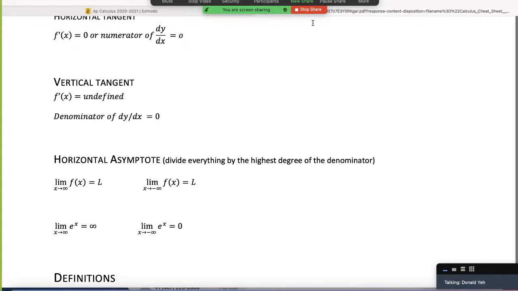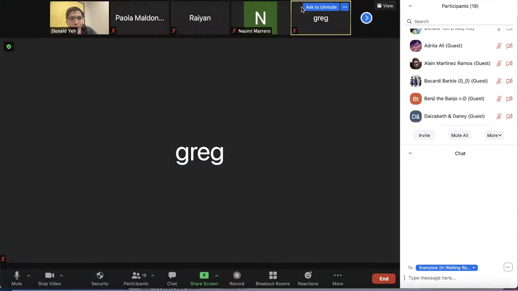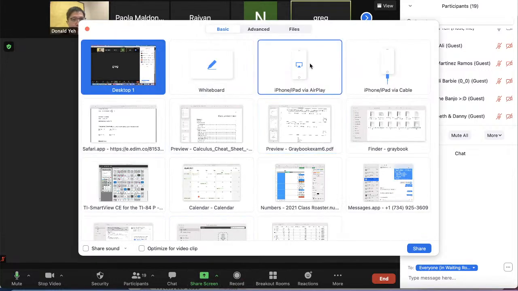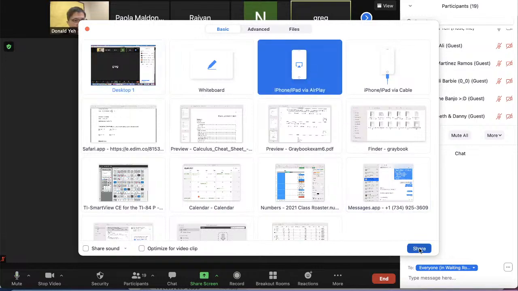So I'm going to import this. Give me a second. I'm going to import open from another apps. Yes. Open on the calc. Create separate notes. Next. Import. Okay. So what I'm going to do is I'm going to stop sharing this part and I'm going to share through airplane.